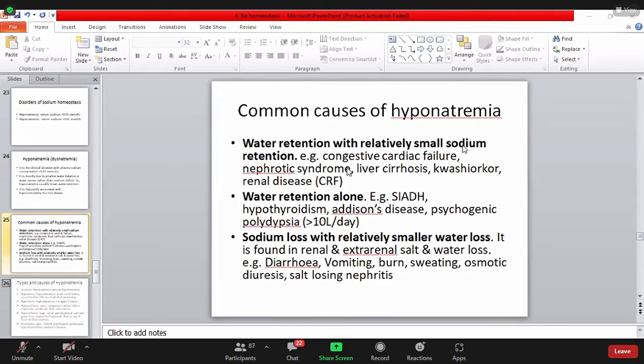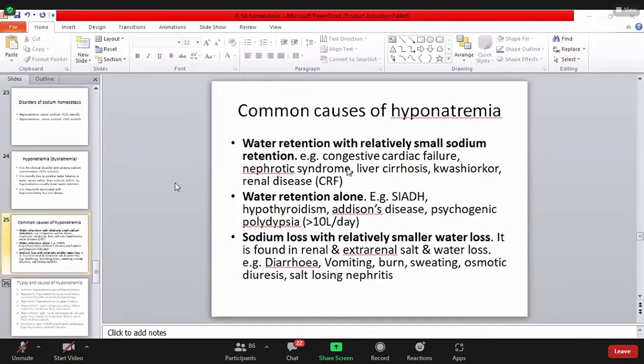What are the causes under this banner? Congestive cardiac failure, nephrotic syndrome, liver cirrhosis, kwashiorkor, that is one type of protein energy malnutrition, and renal disease, for example, chronic renal failure. Another cause is water retention alone.